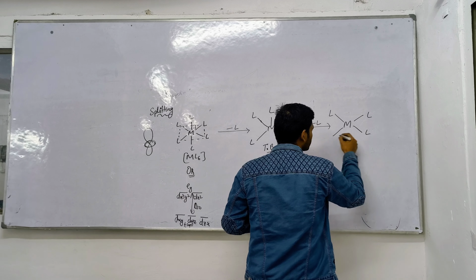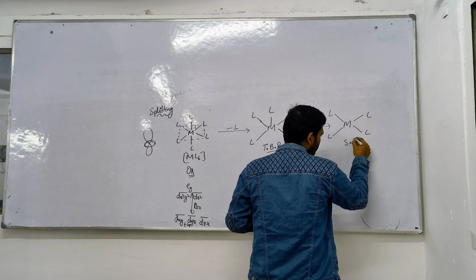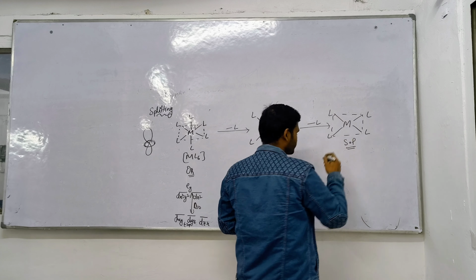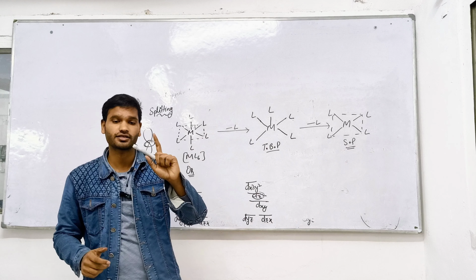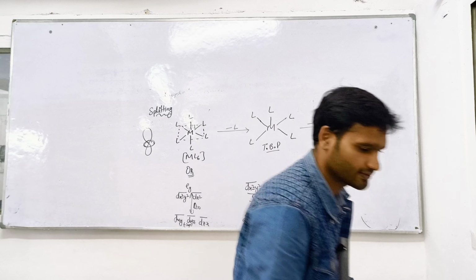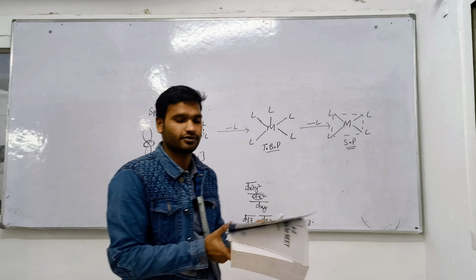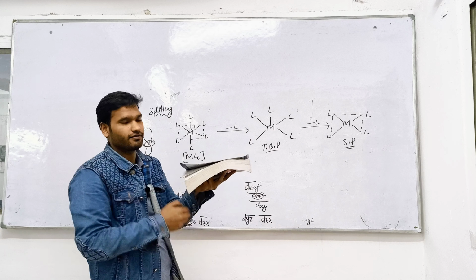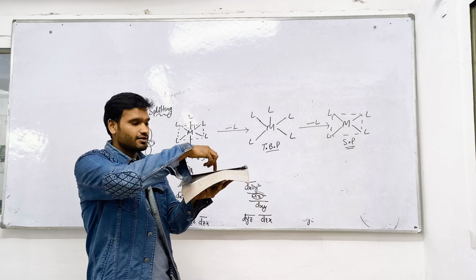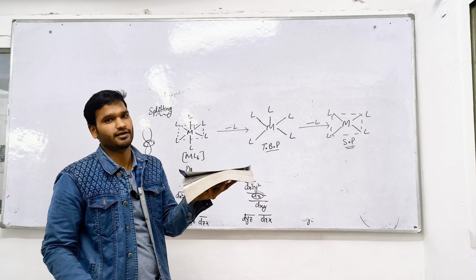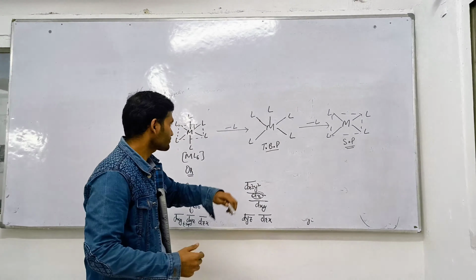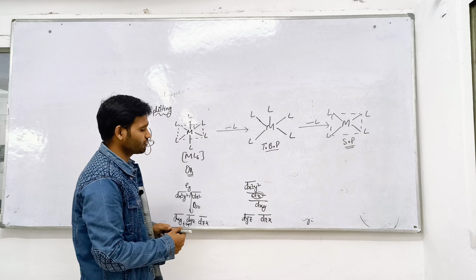In square planar geometry, these four ligands will be in one single plane, like this. Suppose I have a book: one ligand, second ligand, third ligand, and fourth ligand, and here will be the metal. This is square planar geometry. You can try with the book that you have.